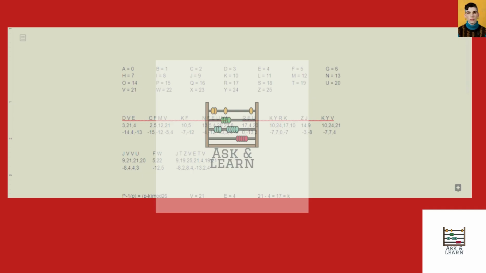Now I want to take 26 and add it to the negative numbers. For example, this one's going to become 12. All of my negative 14s will become 12.